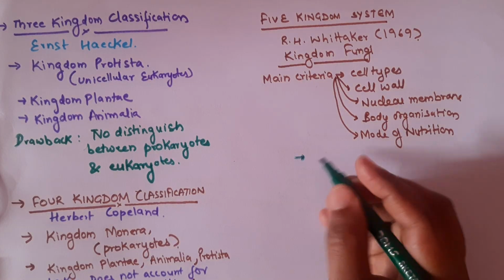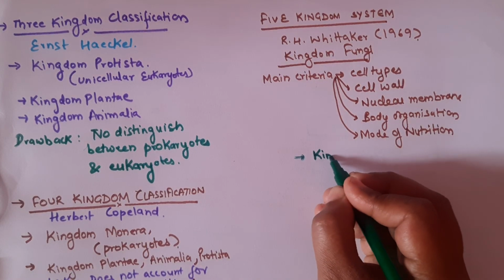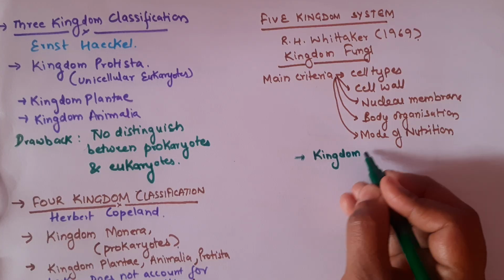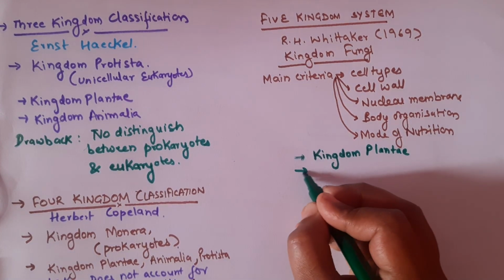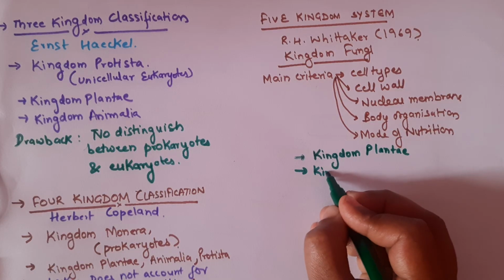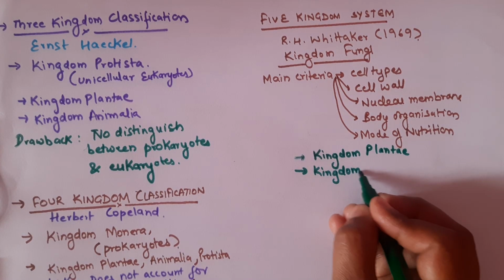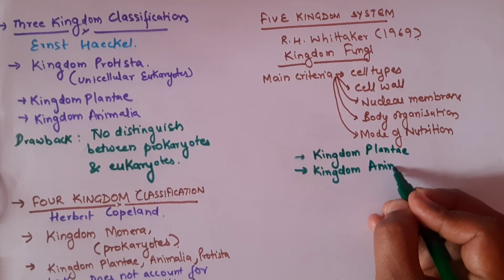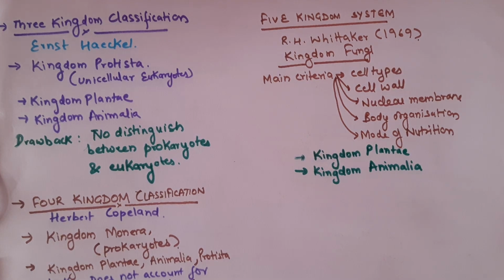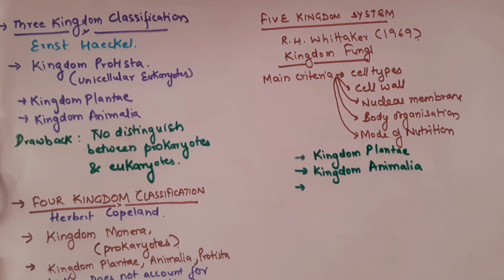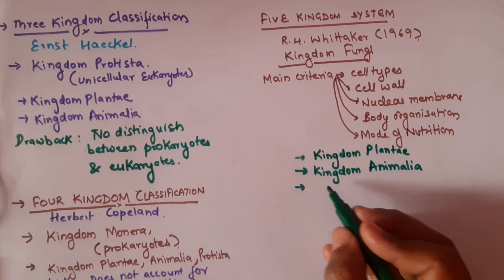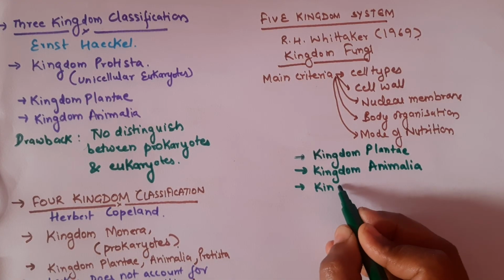The first we know is kingdom Plantae. The second is kingdom Animalia. These two kingdoms were suggested by Linnaeus. The third kingdom is kingdom Protista.